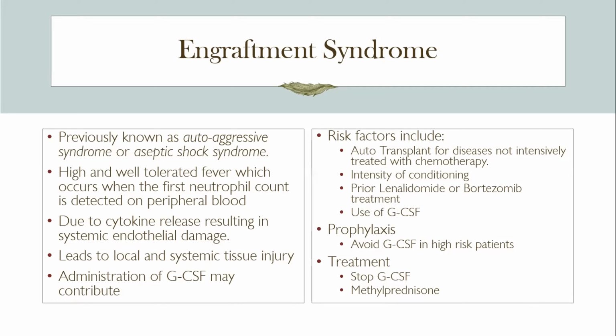Administration of GCSF is thought to contribute to its pathogenesis, and its risk factors include autologous stem cell transplant for diseases that are not intensively treated with chemotherapy, the intensity of the conditioning regimen, prior use of lenalidomide or bortezomib, and the use of GCSF.